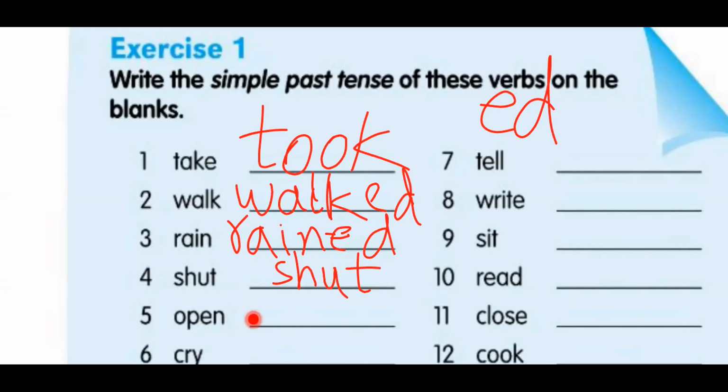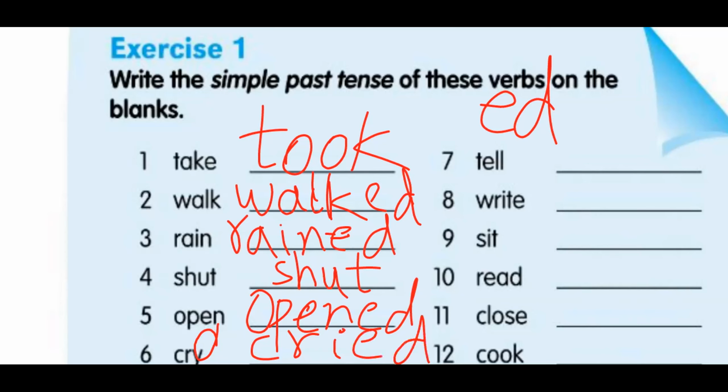Now you have to tell me, open will become opened. Okay, ed. O-P-E-N-E-D, opened. Cry will become cried. You have to change the Y to I over here. C-R-I-E-D, cried.